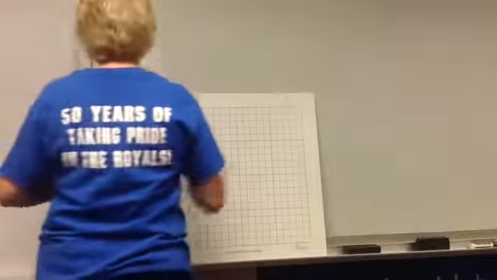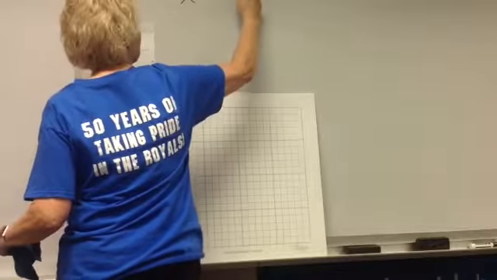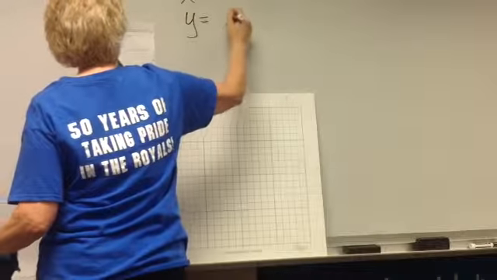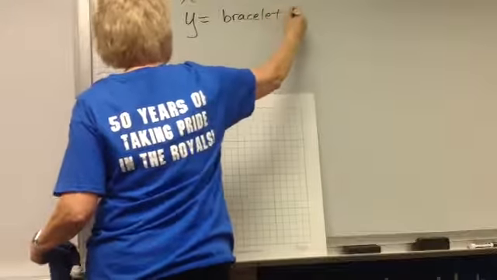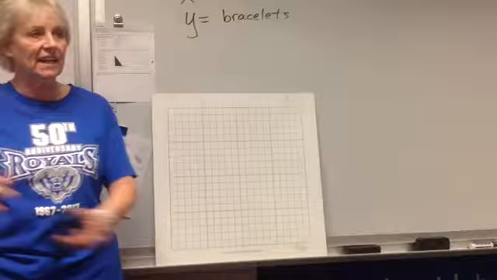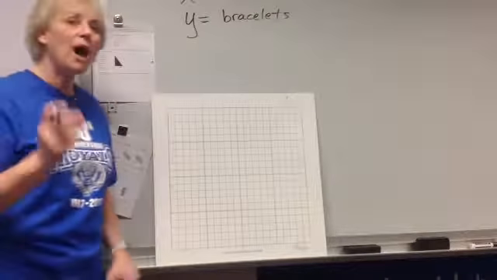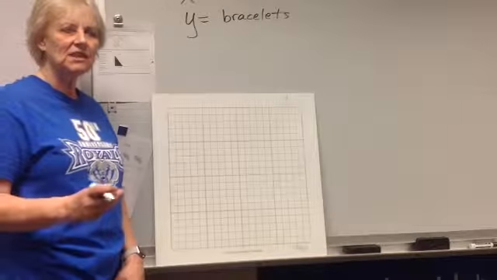X equals necklaces and Y equals bracelets. So she can use a combination of beads for necklaces and a combination of beads for bracelets, and she's got at most 285 beads.